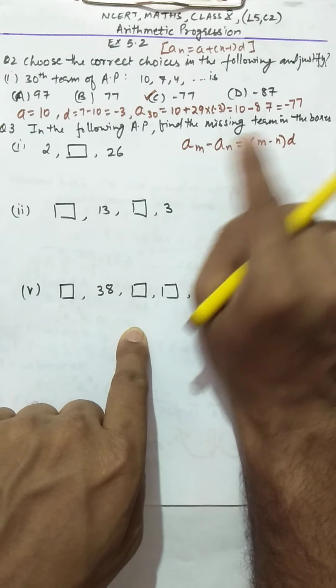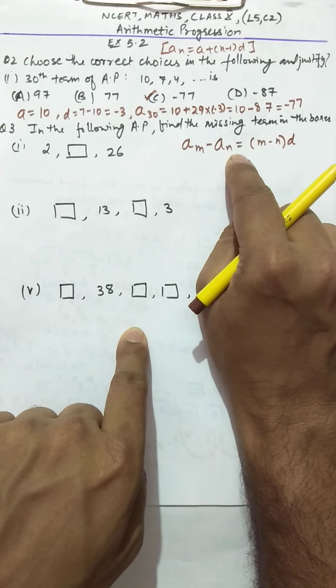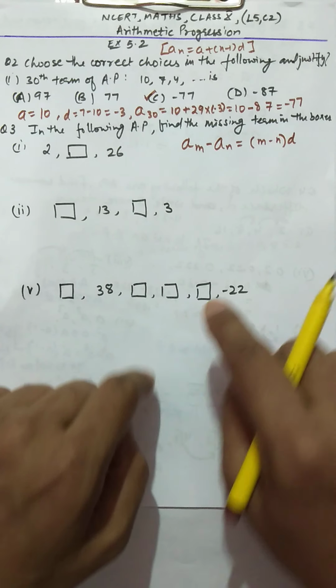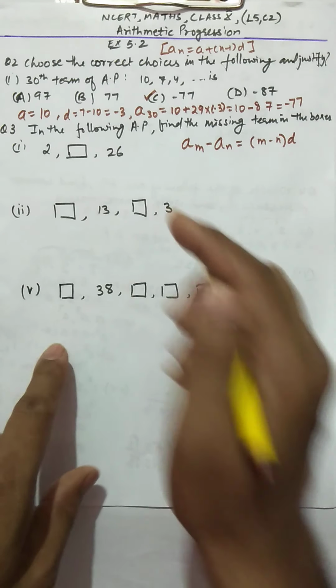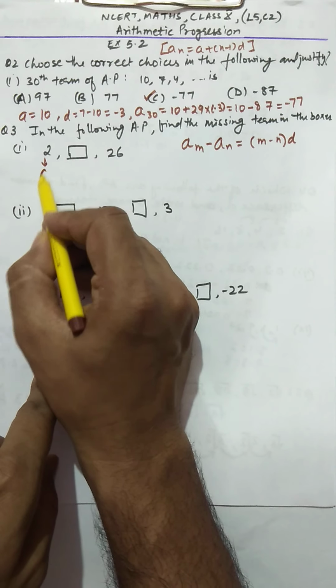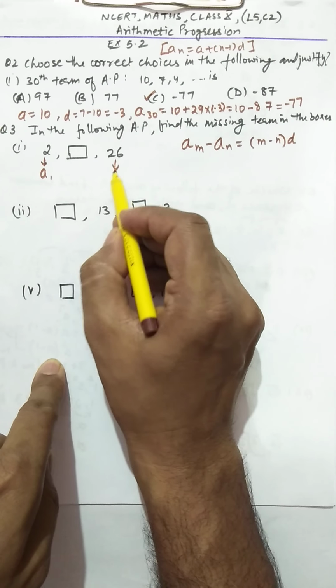So remember this formula, and with its help you can find all questions similar to this very easily. So you see, this is your a1 and this is your a3.